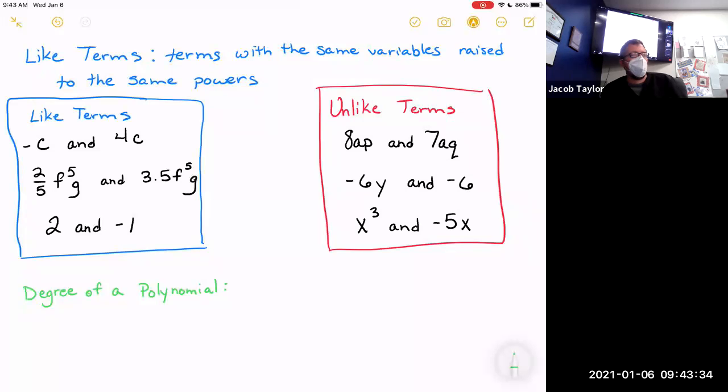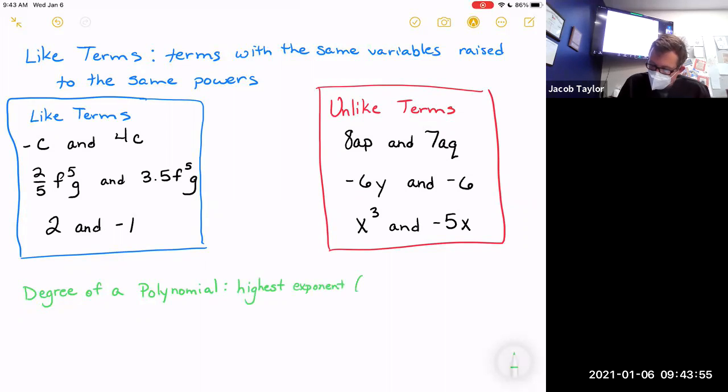Do you know how to look at some numbers and add them together? Oh, well, then you have all the skills you need to find the degree of a polynomial, because the degree of a polynomial is the highest exponent or sum of exponents.